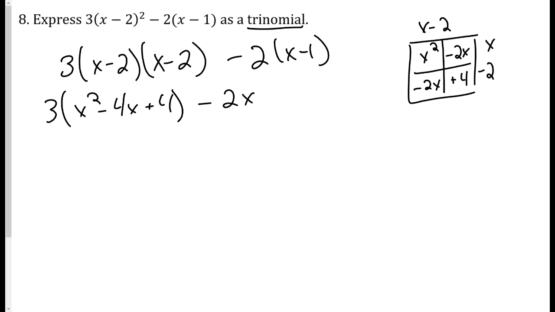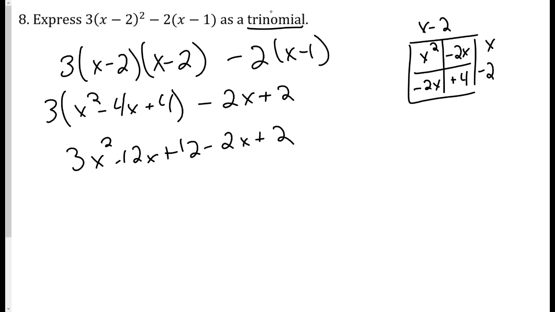Minus 2x plus 2. Just don't distribute the 2, distribute the negative 2. Multiply the 3 in, 3x squared minus 12x plus 12 minus 2x plus 2. And then finally combine like terms because I want to write it as a trinomial. 3x squared minus 14x plus 14.